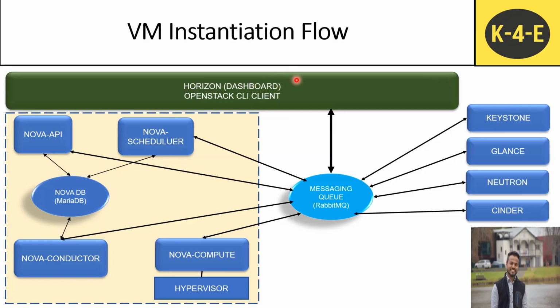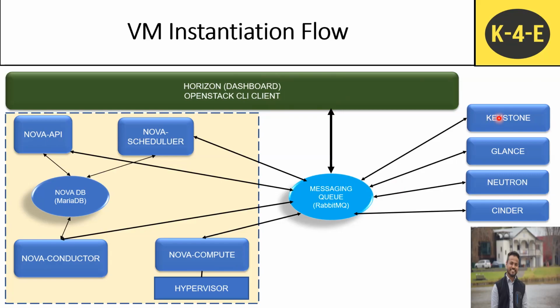When you give the username and password in the GUI, what happens on the backend? Horizon is a service in OpenStack and it needs to talk to Keystone, because Keystone is the main service which is going to authorize everything. Everything means it authorizes your user for connecting to the OpenStack dashboard, and it also authorizes each service when they want to talk to each other, whether you have proper access or not.